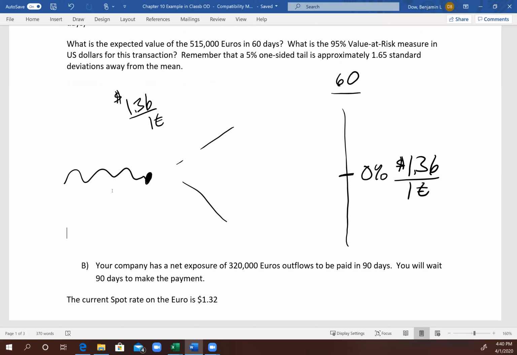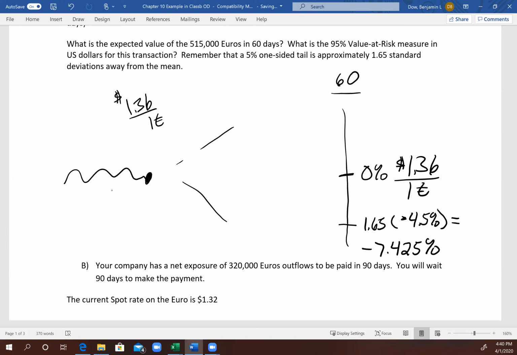Okay. Now, what I'm worried about is down here. I want to go out 1.65 standard deviations. 1.65 standard deviations means the euro could weaken by 7.425%.